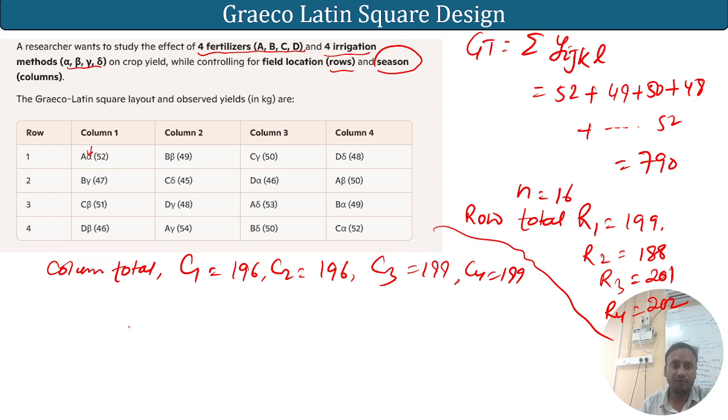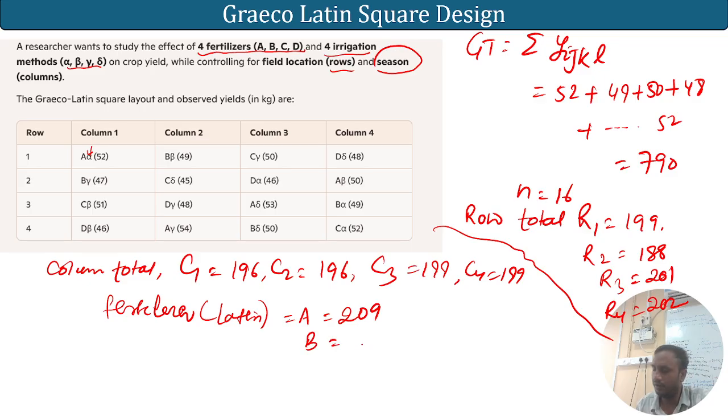Now we'll go with the fertilizer, the Latin letter. A is the summation of 52, 54, 53 and 50, which came to 209. Similarly B is 195, C is 198, D is 188.